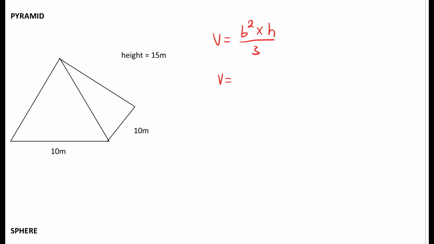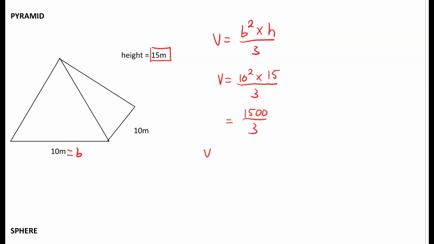So we have volume equals, and we have our base squared. So 10 is going to be our base, and it's a square base, so each side is 10. So 10 squared multiplied by our height, which is 15, and it's divided by 3, equals 10 squared times 15, 1,500, divided by 3.